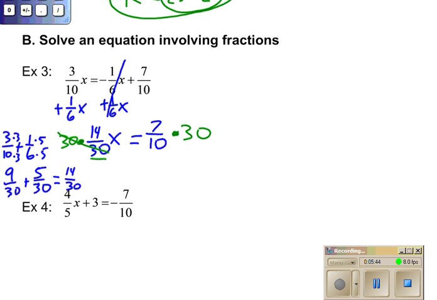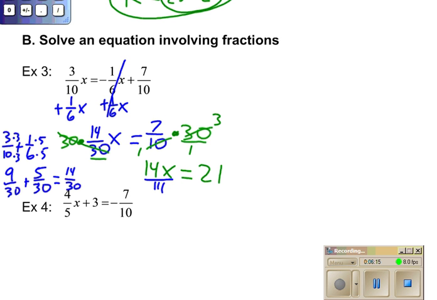I'm left with 14x equals, multiplying fractions, 210 over 10, which I can simplify. If I divide by 3, it's going to end up being 21. So I ended up with 14x equals 21.